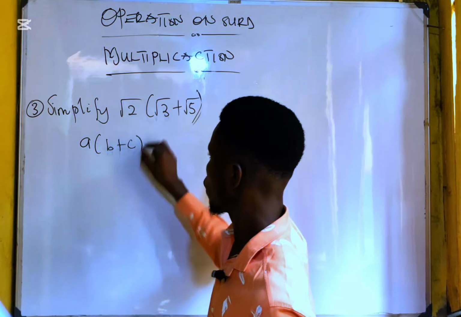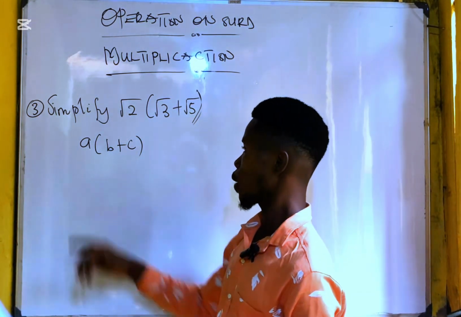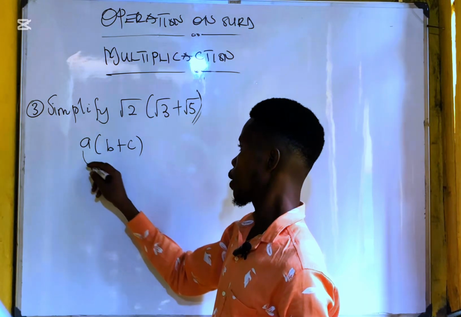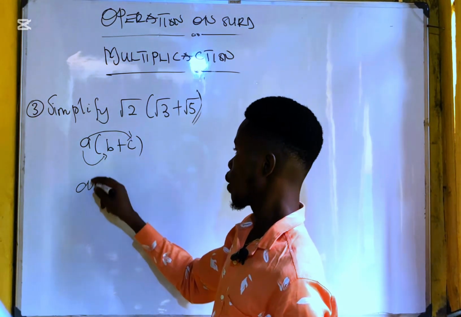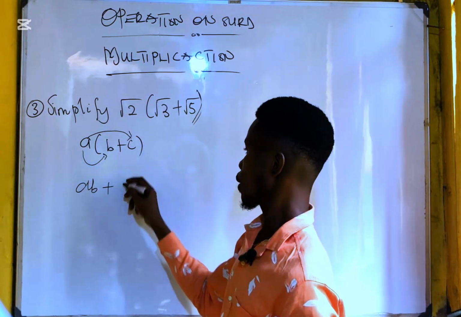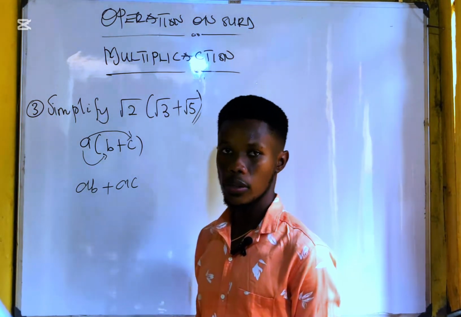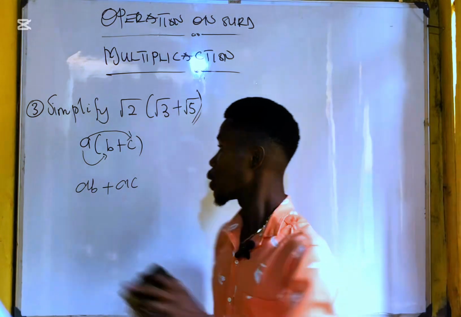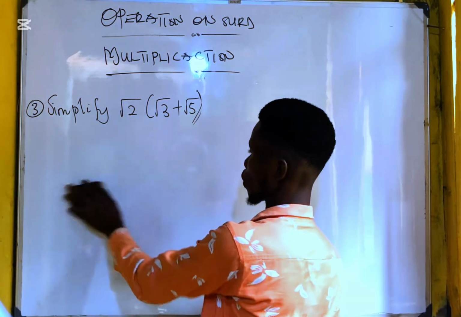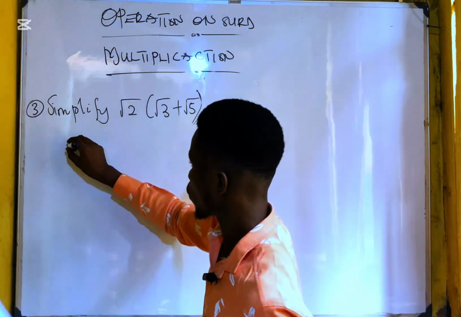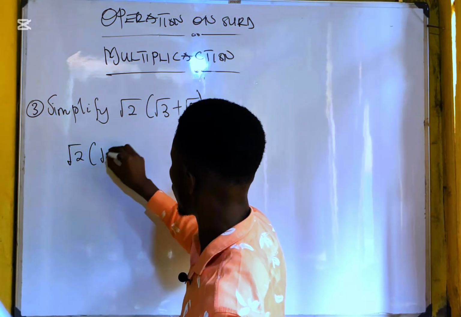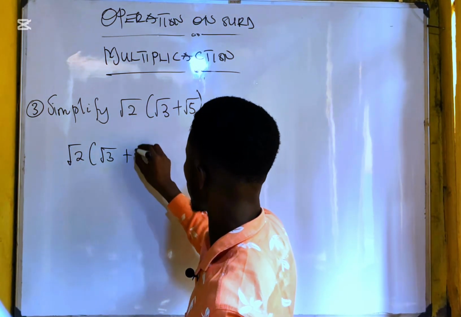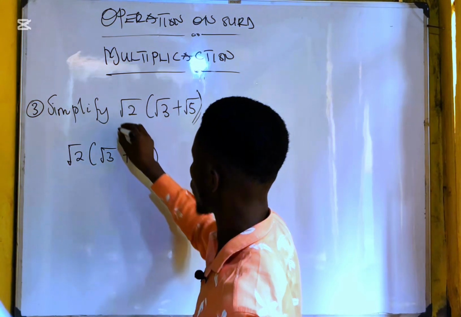A bracket B plus C. So if you want to simplify something like this, A will multiply the B and at the same time multiply the C, so that I have AB plus AC. Is that okay? So that is how we simplify. So the same thing that you are going to do here. This is root of 2 multiplying root of 3 plus root of 5. Is that okay?